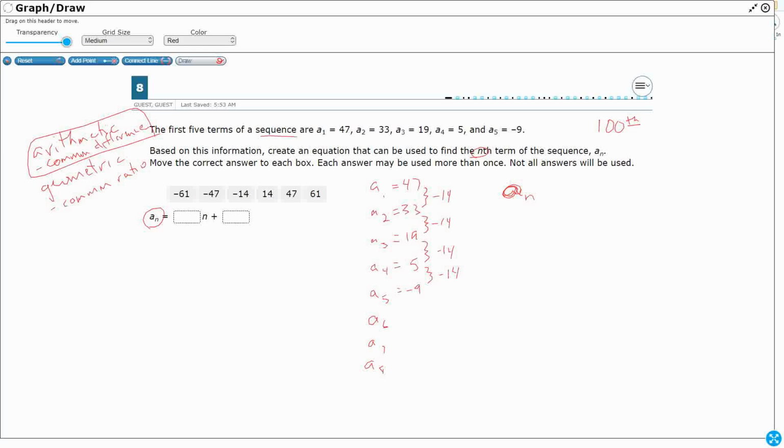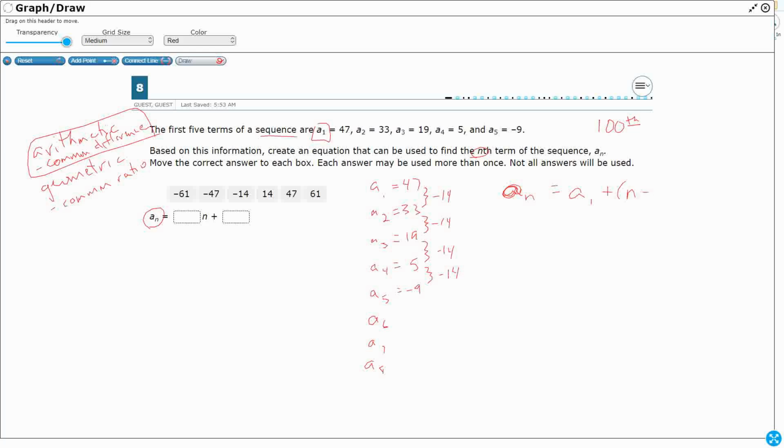So if we have the a sub n, that's the nth term, I can find the 100th term, the 1000th term, the millionth term. What are we going to do? Well, where are we starting? We always start with our a1, so we're going to start with that. And then we are going to add. Now here's the thing. We have our n minus 1.